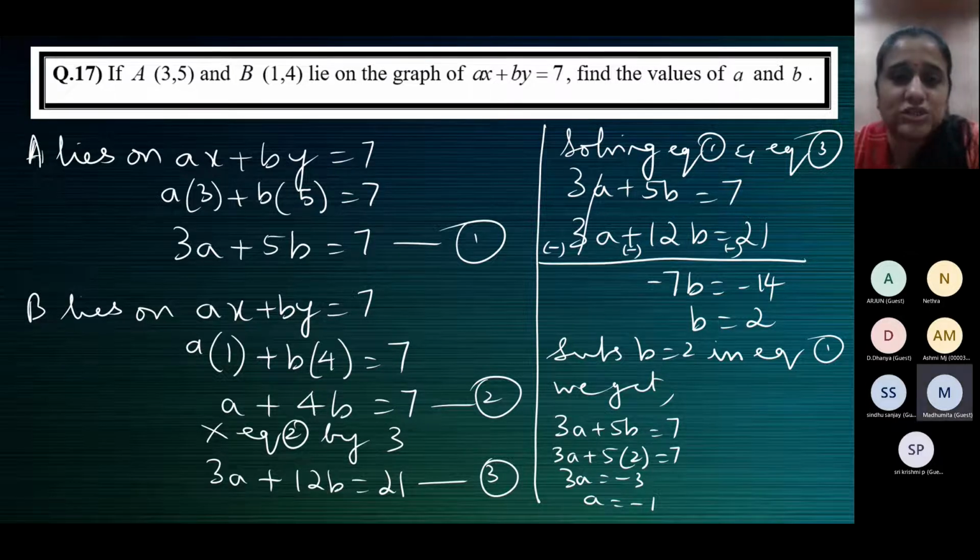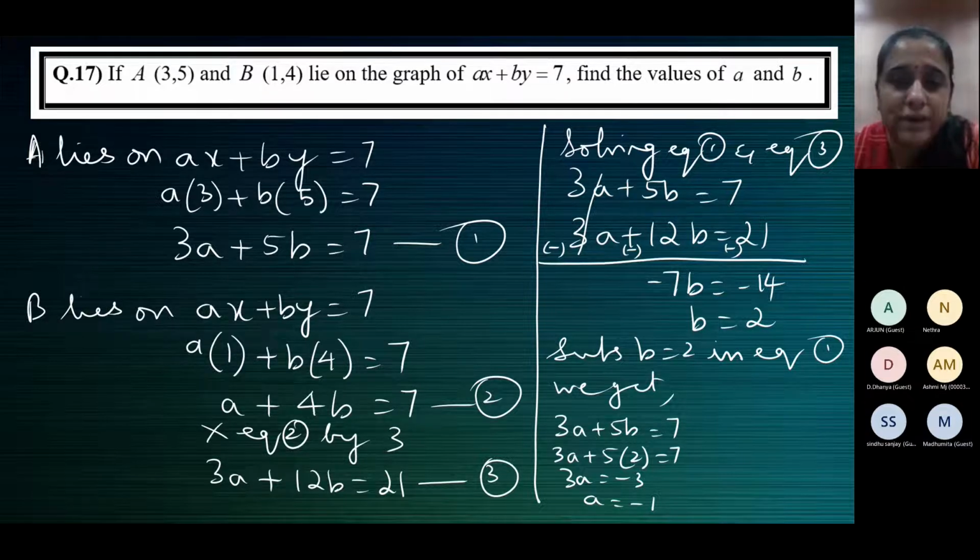But in the second equation, what is the coefficient of A? 1, ma'am. What is the coefficient of B in the first equation? 5, ma'am. What is the coefficient of B in the second equation? 4, ma'am. Okay, now in both the equations, the coefficients of neither A nor B are the same. Yes, ma'am.